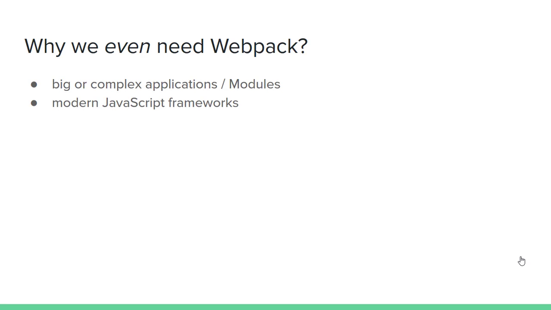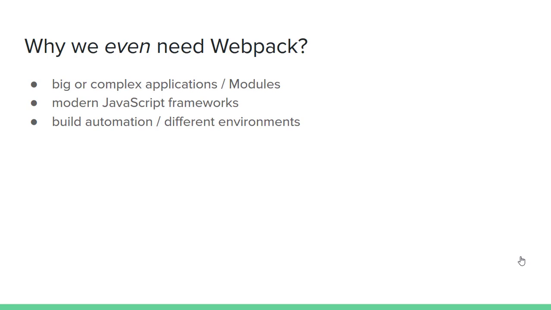Modern JavaScript frameworks. Almost all the modern JavaScript frameworks require a build process through which their code goes and transpiles to runnable and acceptable JavaScript. Build automation, different environments. In Webpack, we can actually define different build steps depending on different environments.